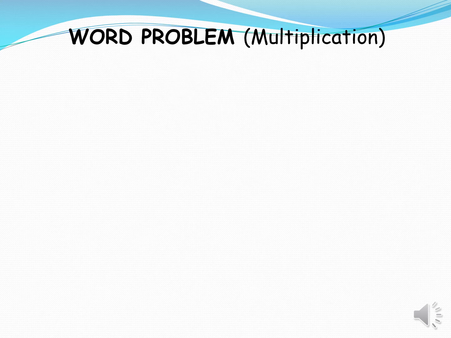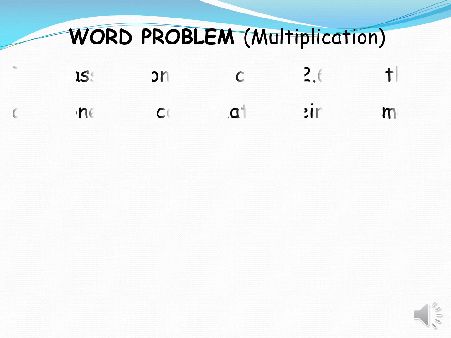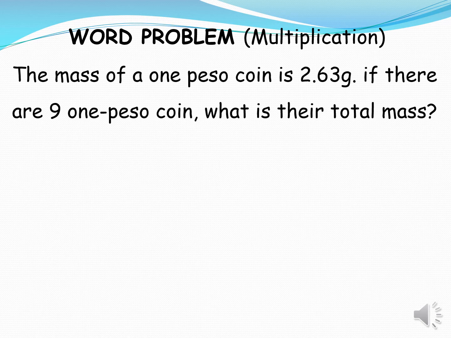Word problem involving multiplication. The mass of a 1 peso coin is 2 and 63 hundredths grams. If there are 9 1 peso coins, what is their total mass?